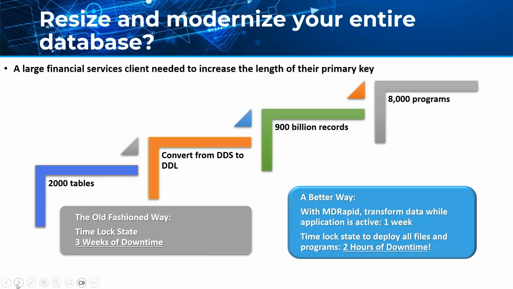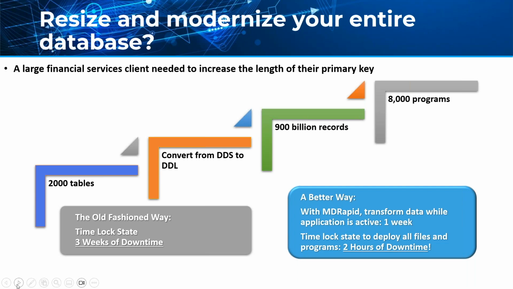It works together with another tool inside of CMS called MD Rapid. And MD Rapid is our database tool that helps us to manage changes by minimizing downtime on the IBM i. So we all know if we're making a database change on the i, we have to have a lock on that file to be able to make that change.